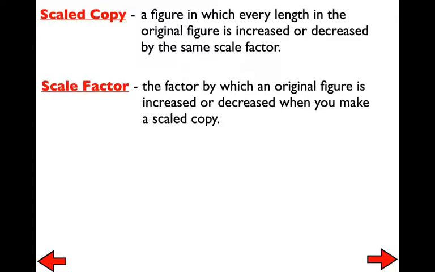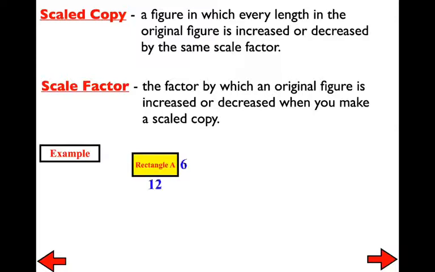So we start with some sort of figure. We are given a scale factor which tells us whether the scaled copy will be larger or smaller, and by what degree. It's the scale factor that allows us to do that. If we keep it as simple as possible here, we have rectangle A that has a width of 12 and a length of 6, or a length of 12 and a width of 6, however you want to look at that.